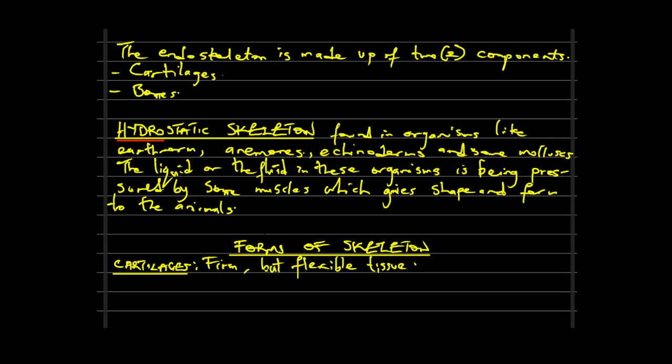Because it is firm and flexible, it makes it possible for the entire skeleton of some animals like the cartilaginous fishes to be the way they are. Organisms like the dogfish, the sharks, the rays have this particular type of endoskeleton called the cartilages.